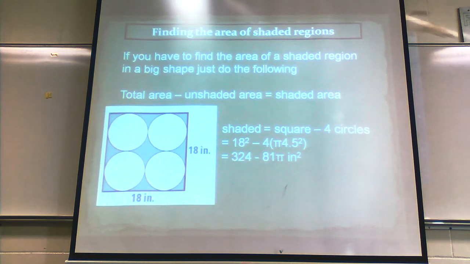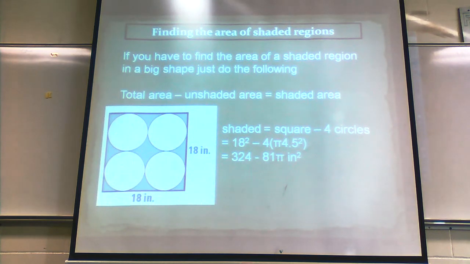You may run into a couple problems, guys, where you're going to be better off adding together shaded regions. But that case is only going to be if you've got a big shape and there's just a tiny chunk of something missing, and that little chunk is something that doesn't fit into the area formula.